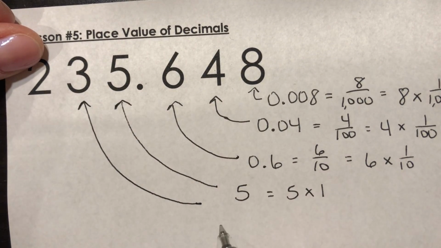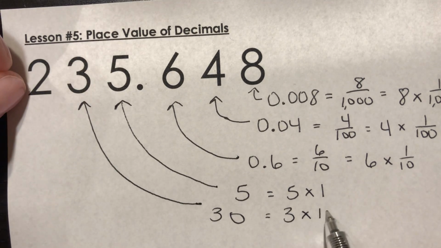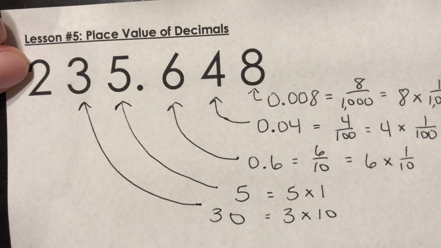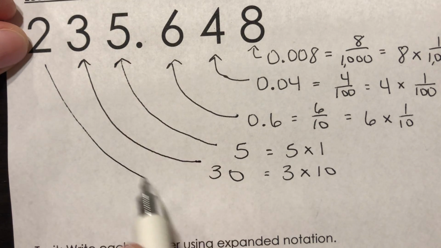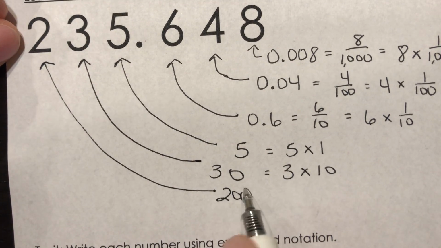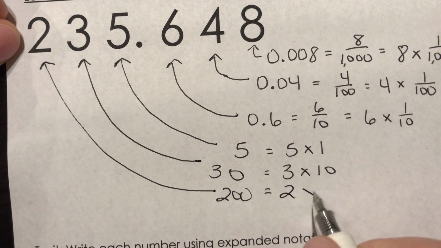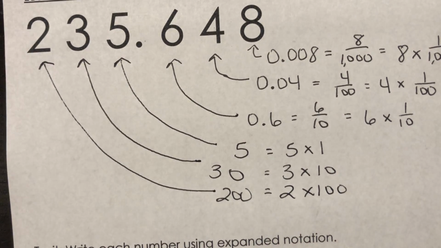It's in the tens place, so it's actually worth 30. That's expanded form. Expanded notation, I would take my digit 3 and multiply it by the place that it is in. And last but not least for this one, this 2 is not worth 2. It is worth 200 because this is in the hundreds place. In expanded notation, I would say 2 times 100.